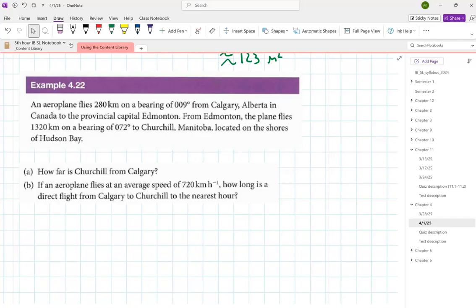Flies 280 kilometers on a bearing of 9 degrees from Calgary, Alberta in Canada, as opposed to Calgary, Alberta in Mozambique or something, to the provincial capital, Edmonton. From Edmonton, the plane flies 1,320 kilometers on a bearing of 72 degrees to Churchill, Manitoba, located on the shores of Hudson Bay. How far is it from Churchill to Calgary?